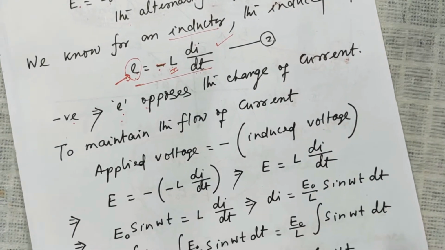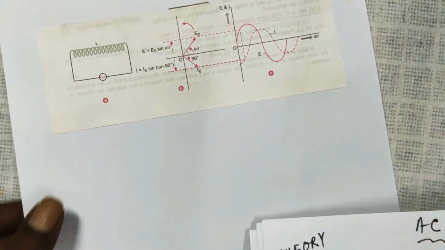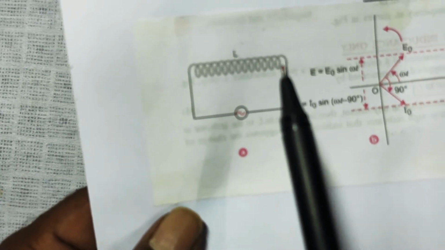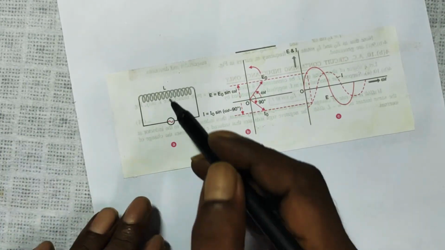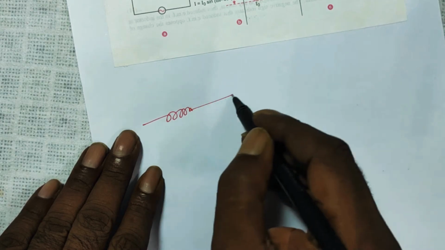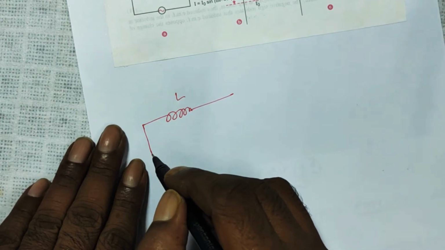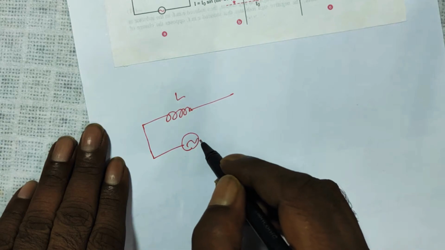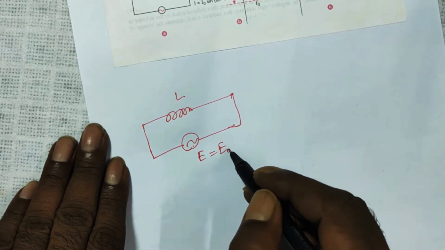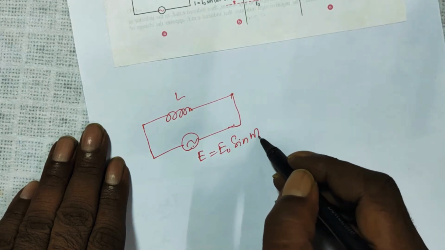Now to maintain the flow, look, this is the inductor. Now the inductor is like this, a pure inductor connected across an alternating EMF which we applied: E is equal to E naught sin omega t.